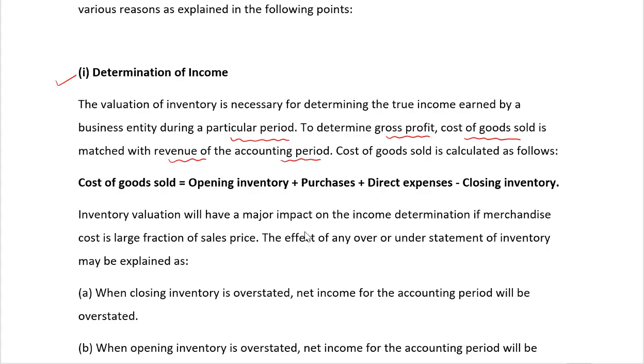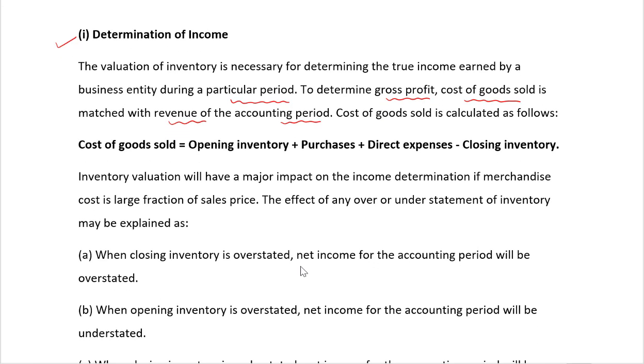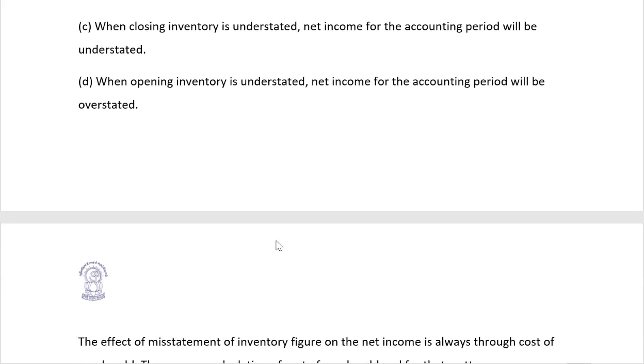Cost of goods sold is calculated as follows: cost of goods sold equals opening inventory plus purchases plus direct expenses minus closing inventory. So inventory valuation will have a major impact on the income determination if merchandise cost is a larger fraction of sales price. The effect of any over or understatement of inventory is explained as follows.